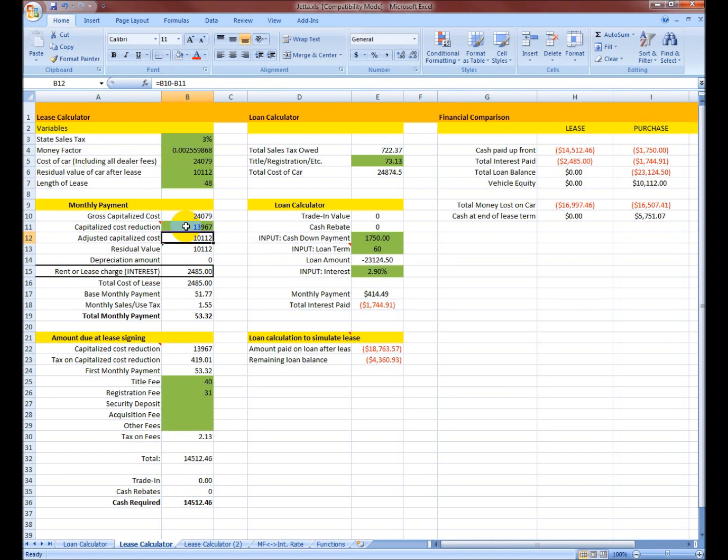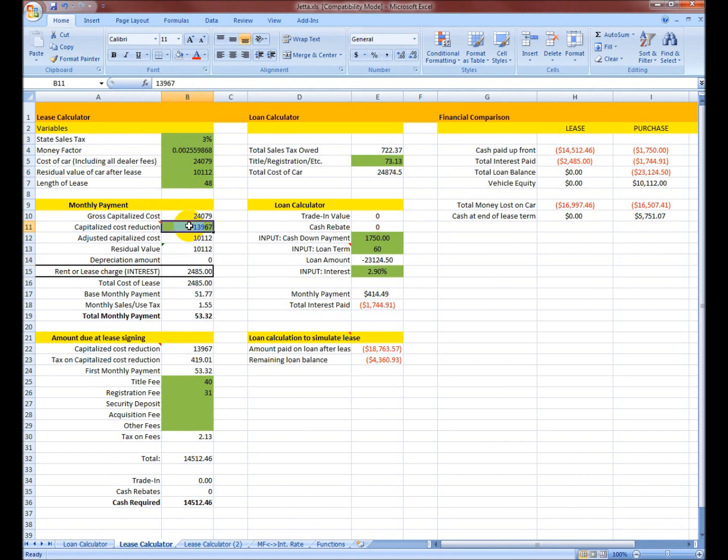Okay, so if we were to pay off the entire depreciation amount up front, you can see here it's zero, but you can also see that interest is still there. The lease charge is using residual value as part of its calculation, and that's why you're getting some interest even if you pay off the entire amount. So that's one thing I wanted to highlight for you.